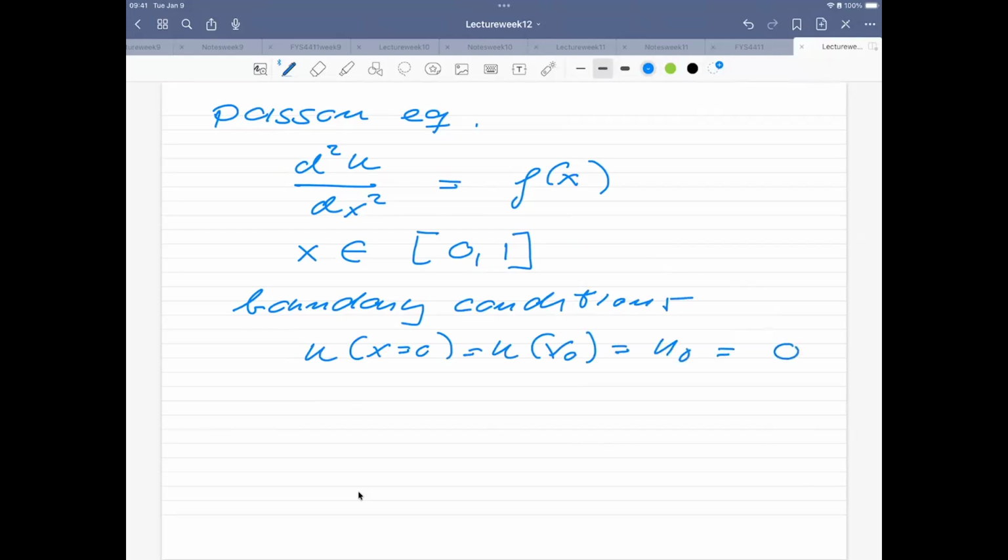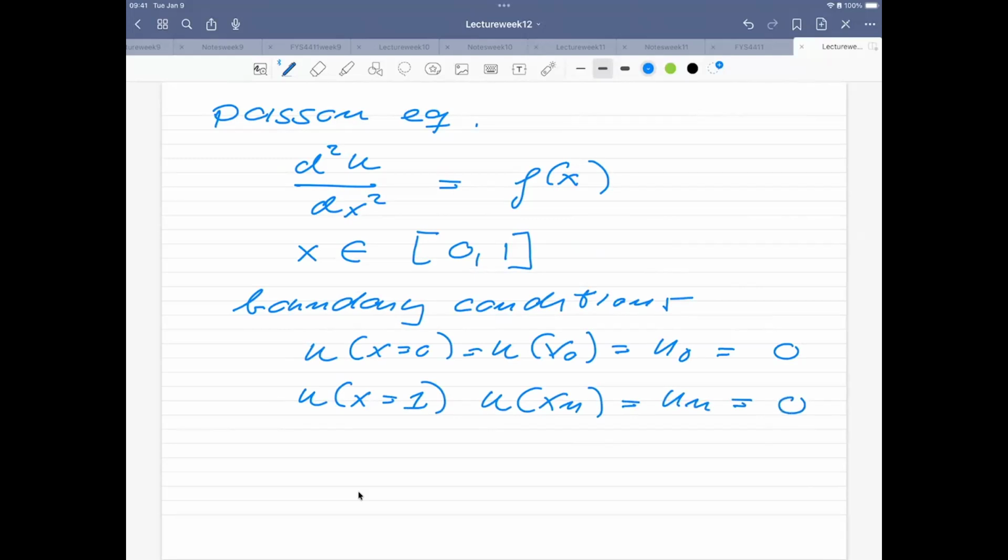So these are the standard Dirichlet boundary conditions. And then we would have u of x equal to 1, which I'm going to rewrite in terms of n, x of n. So we are discretizing, and this is u of n. We can also set that one to 0.